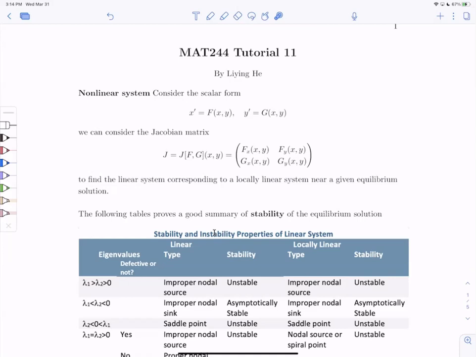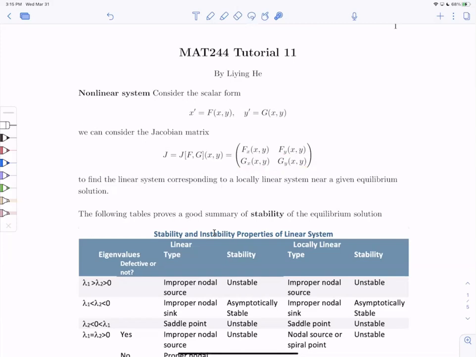Okay, nonlinear system. Let's say we have scalar form x prime equals f of x,y and y prime equals g of x,y, and it's nonlinear. Then you can consider the Jacobian matrix, which is this. We have the partial derivative of f with respect to x and with respect to y, and the partial derivative of g with respect to x and with respect to y.